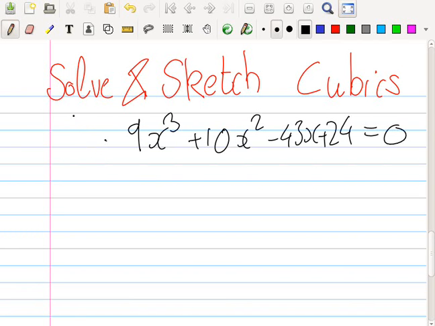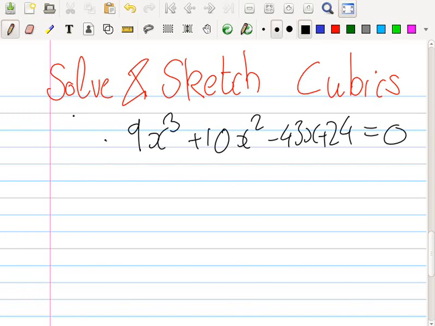Let me check something really quick on the calculator. Cool. All right. Now, how to solve this?